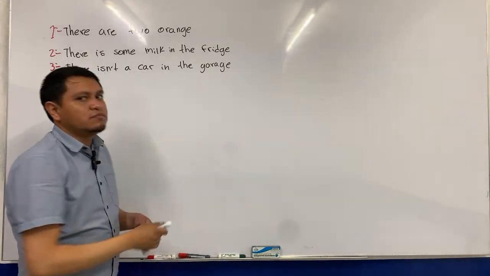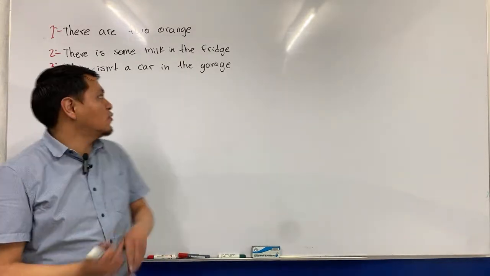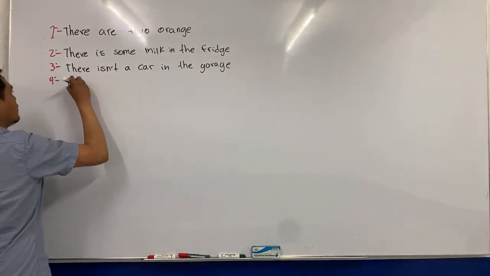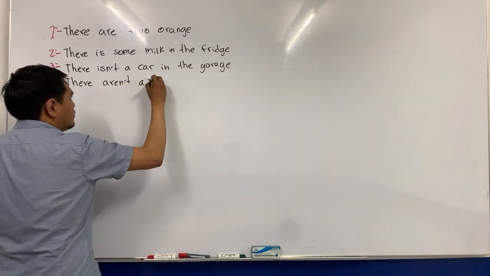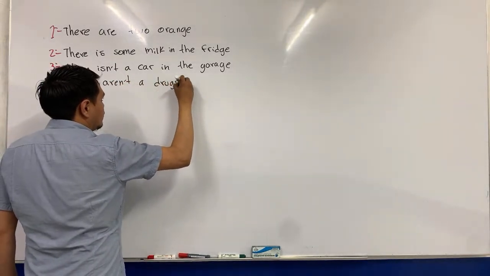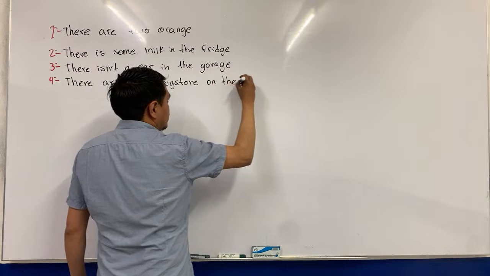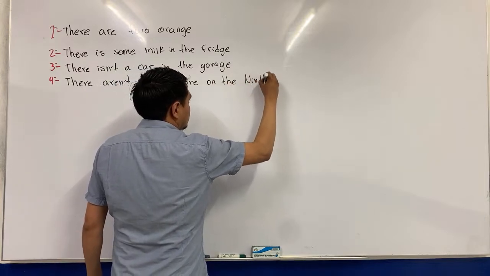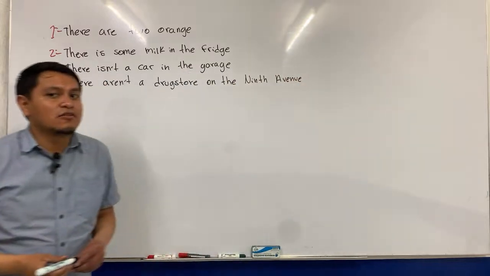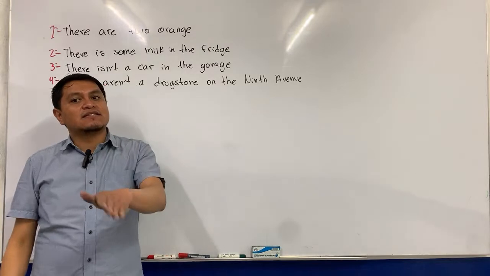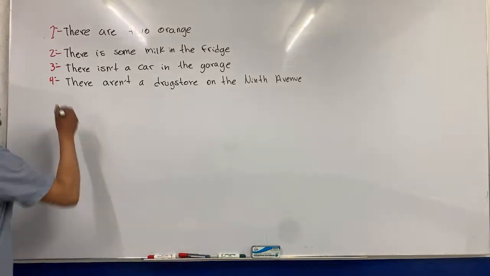Four, there aren't a drugstore on the night avenue. Correct or incorrect? Next, there aren't any pens in your pencil case.